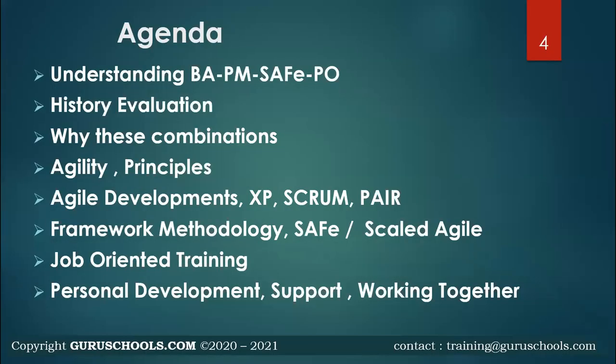Then let's get started on our overall discussion step by step. How we're going to go through the course. So let's understand point by point. We'll start with business analyst. Then we'll go over the history of evolution. If you look at near about 15 years ago, the PM used to do business analysis as well.